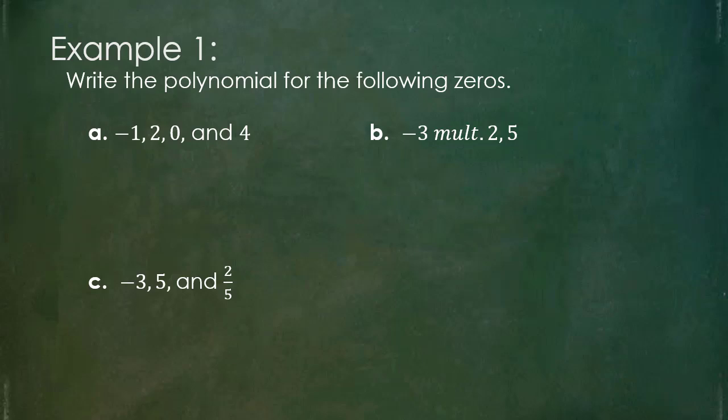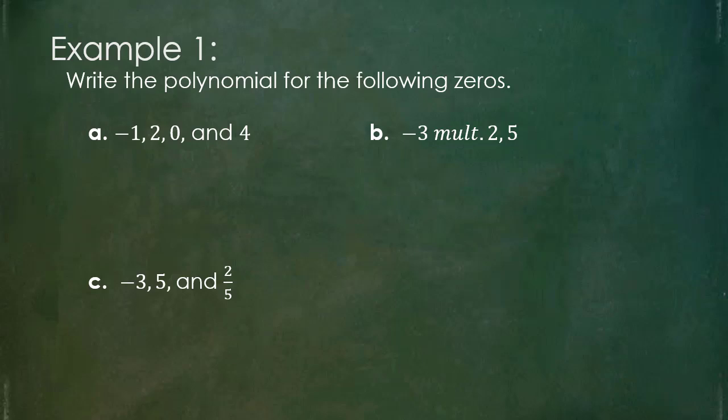So for all of the examples I'll try to keep it as simple as possible and keep that leading coefficient a 1, unless a number would be better to eliminate some fractions, like with part C. There's a little bit better way of dealing with that, but we'll get there when we get there.